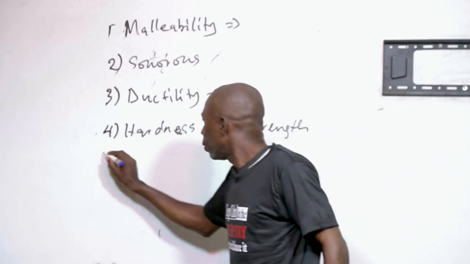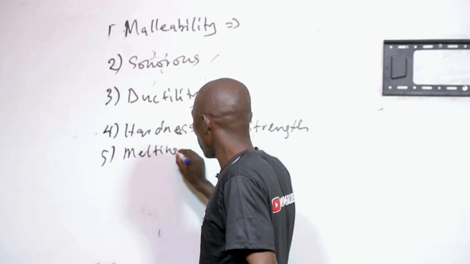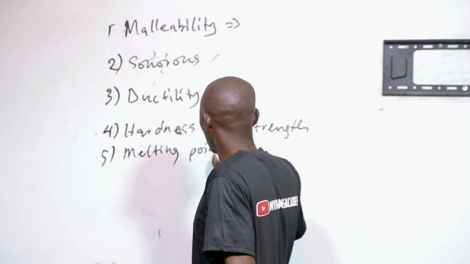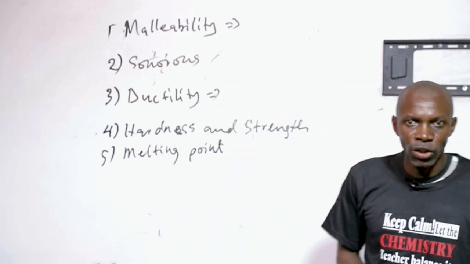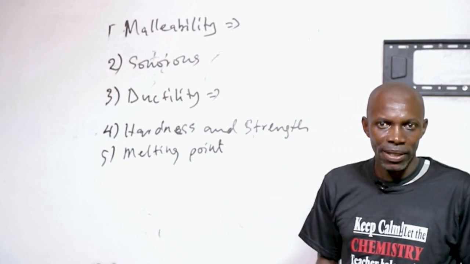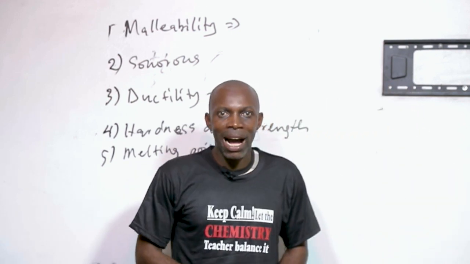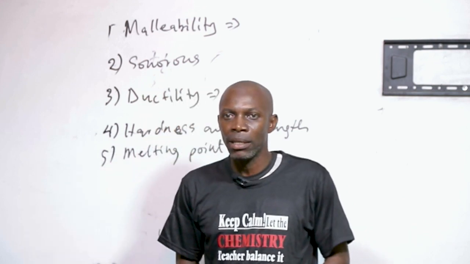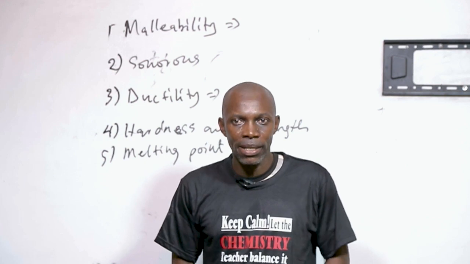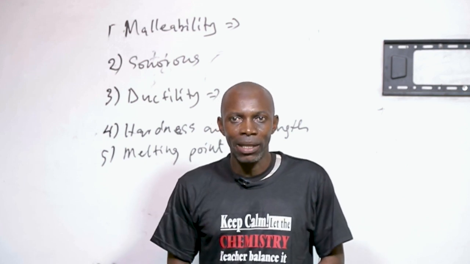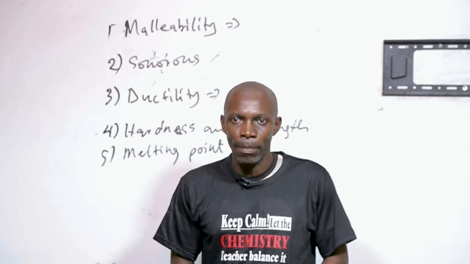You talk about the melting point, which is the temperature at which a solid will turn into liquid. Metals have high melting point, which means it requires a lot of heat to turn the solid metal into liquid metal at the same temperature.